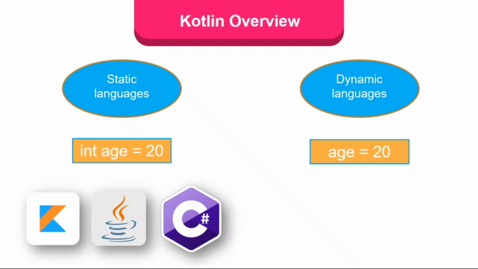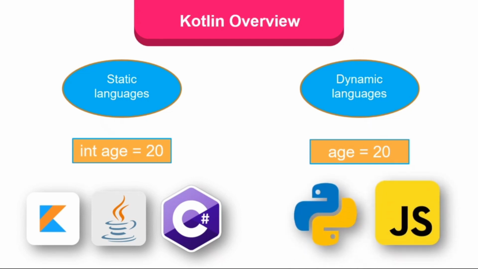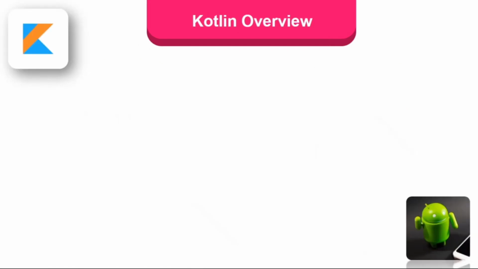In dynamic programming languages, the variable types are determined at program runtime. So when you create a variable, you do not need to specify its type, whether it's a string or an integer, whatever. Languages such as Python and JavaScript are examples of dynamic programming languages. Awesome. Glad we got that out of the way.